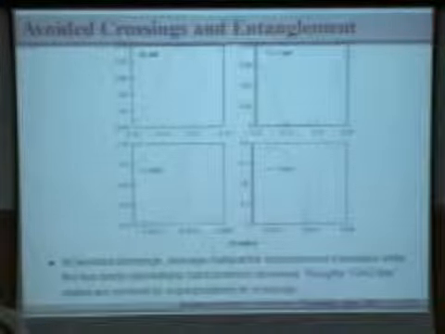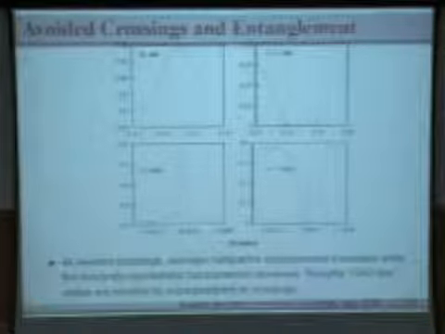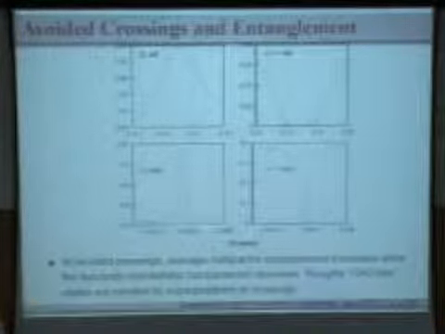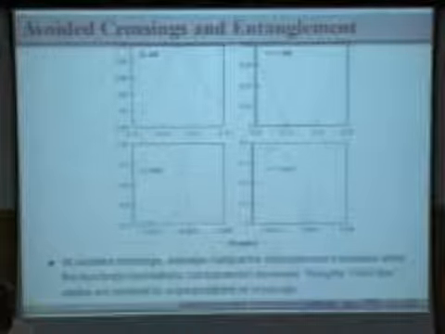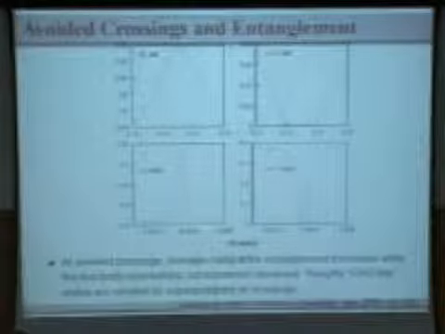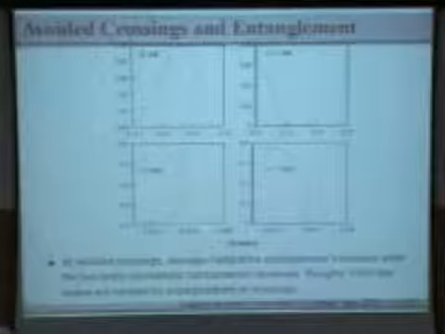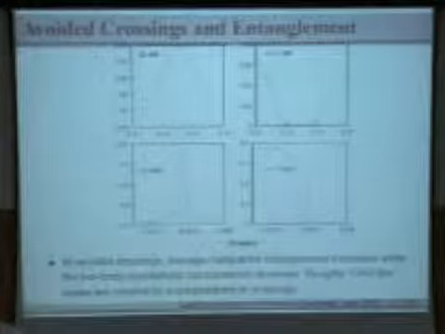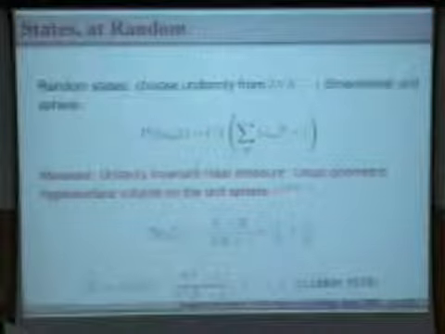It's also been known for some time that there are signatures of entanglement in things like quantum phase transitions. A quantum phase transition is sort of a thermodynamic limit of an avoided crossing. So I think it's interesting that when you look beyond the ground state into the excited states, there is a whole variety of structures in the spectrum where you already see what one sees in the thermodynamic limit in the case of quantum phase transitions.